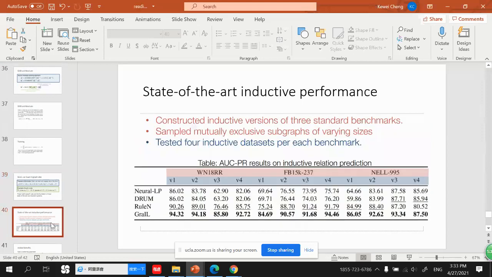Finally, they compare their proposed method with some other logical rule learning methods to show the performance of their method.